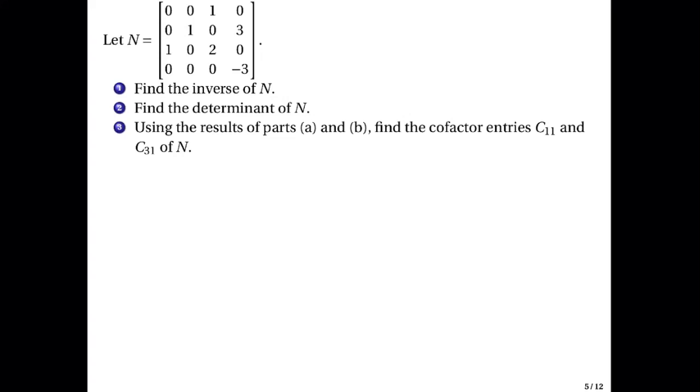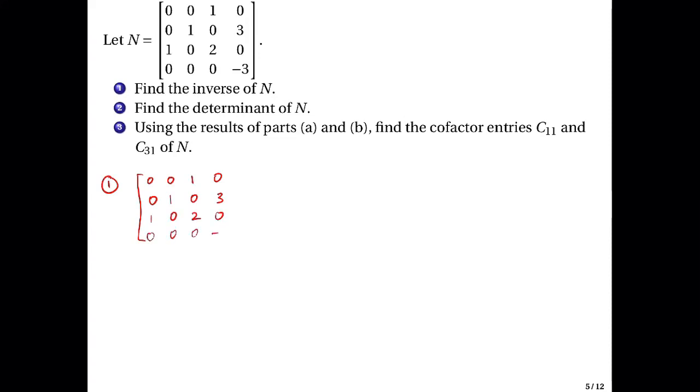So let's start with the first one. We want to find the inverse of n, and we'll do that using the inversion algorithm. So we have the matrix n: 0, 0, 1, 0, 0, 1, 0, 3, 1, 0, 2, 0, 0, 0, 0, negative 3.